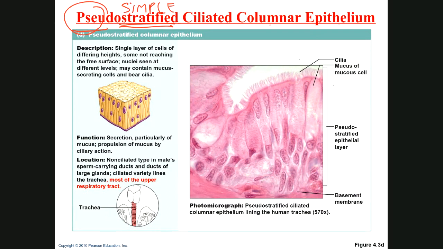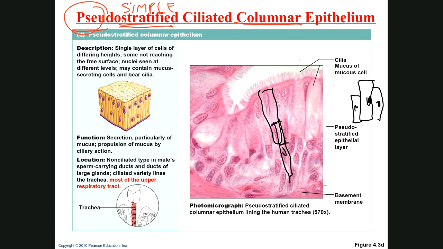The cells are columnar, so you can see here the cells, tall cells. The reason why this tissue looks stratified is because the cells are not all the same size. Some of the cells are taller than others.